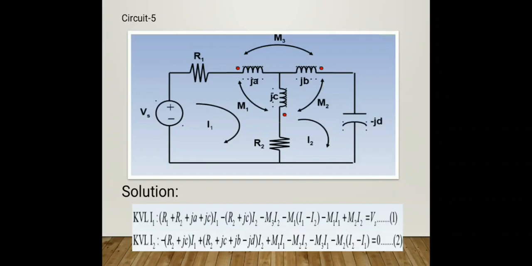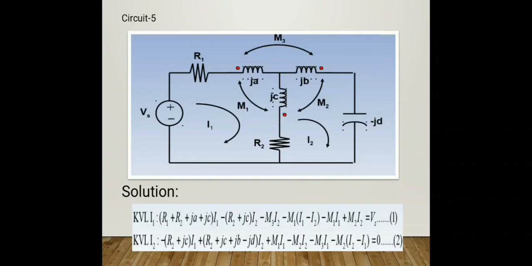Okay, first of all we have discussed the mutual inductance in JA due to JB, then JA due to JC. In JC the net current flows I1 minus I2. Then M1. I1 enters the JA but leaves the JC. So again negative comes.